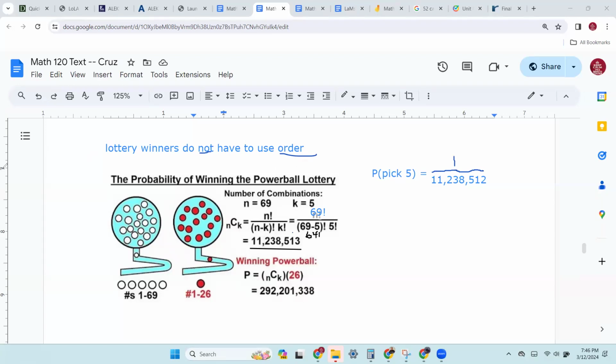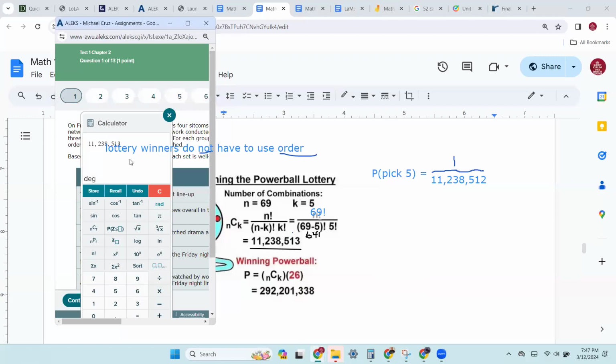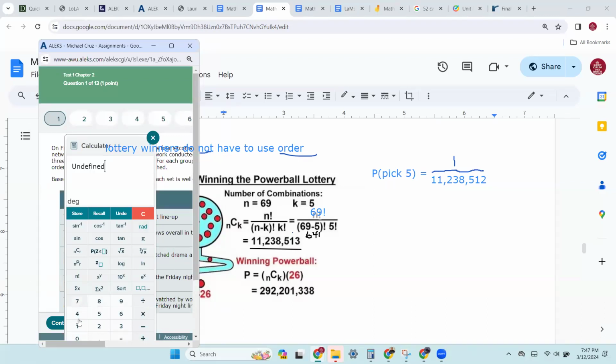And just to show you what that decimal looks like, because the decimal is a little bit easier to understand than the fraction, let's say 1 divided by 11,238,513. So look at how many decimal places there are.